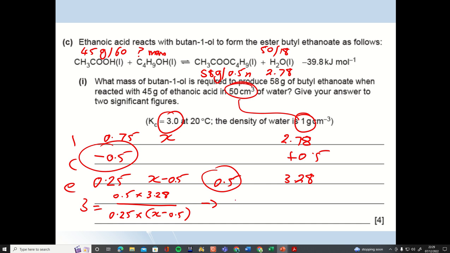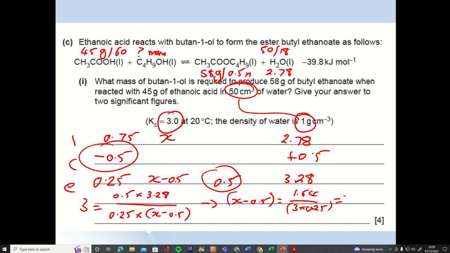If I rearrange that, my x minus 0.5, which is what I want to get here, is equal to 1.64. That's just the top line, by the way, 3.28 times 0.5, and then I cross multiply the bottom line, which is 3 multiplied by 0.25.